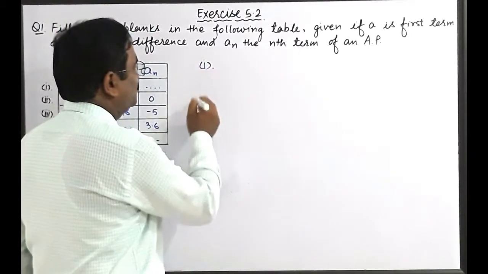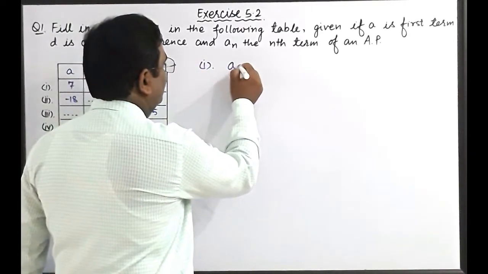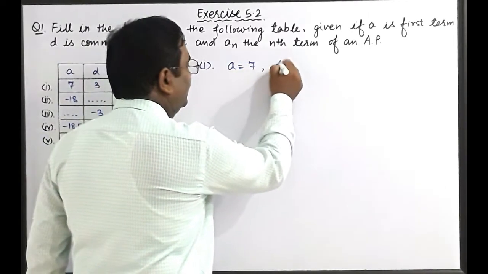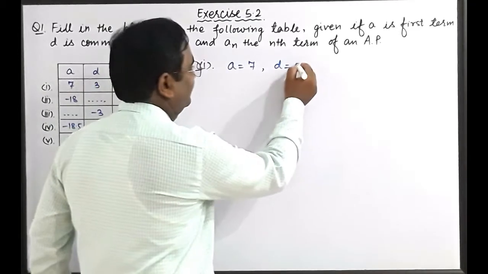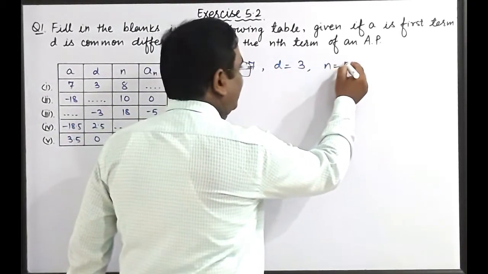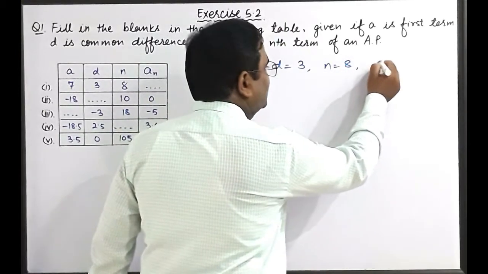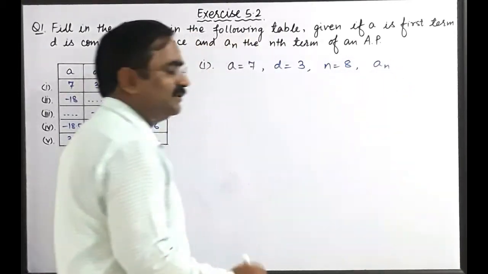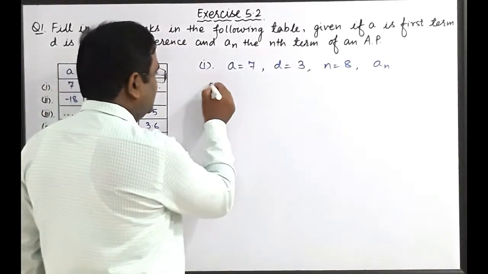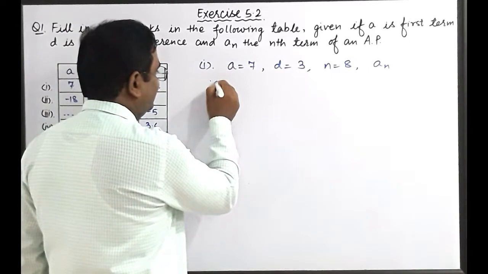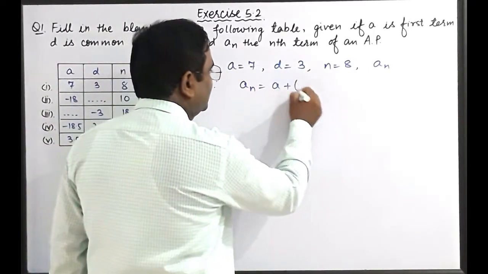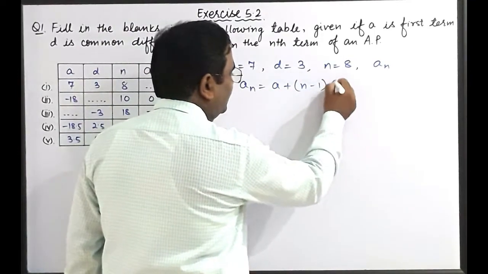In the first part, the first term a is given, which is 7. D, the common difference, is given as 3, and the number of terms is 8. The question is asking us to find the nth term. As we have discussed, the formula is an equals a plus n minus 1 into d.